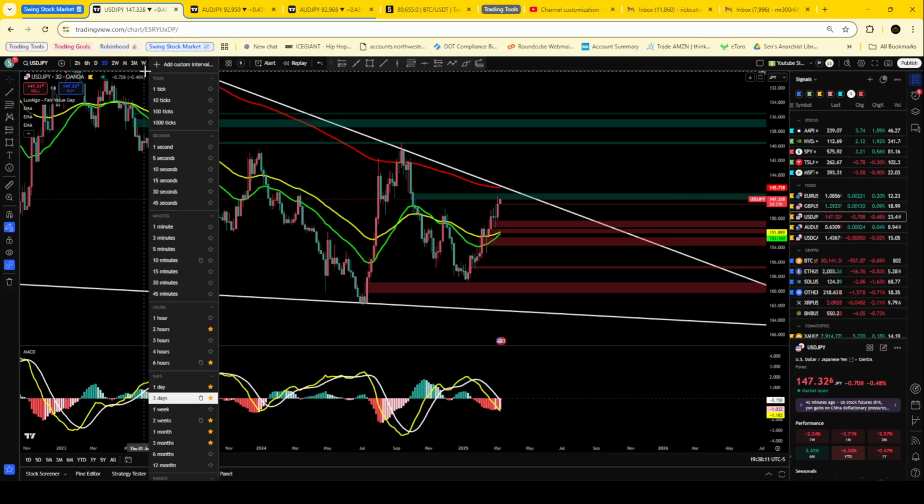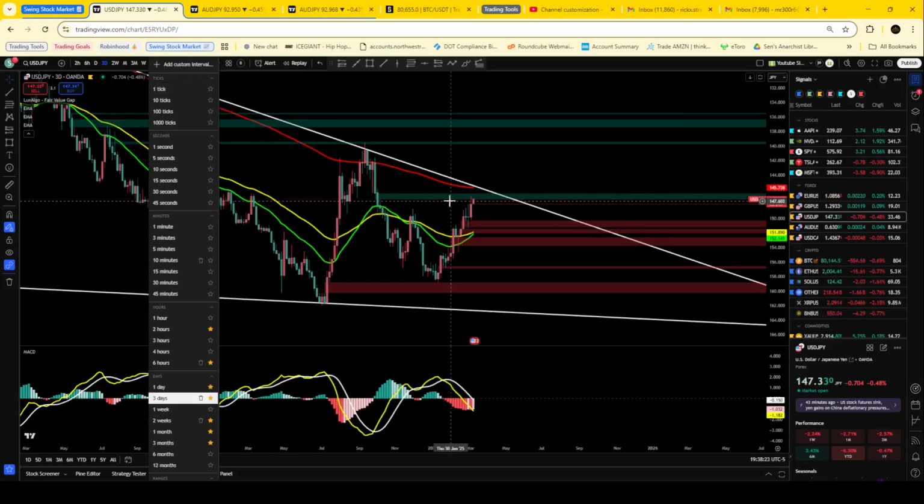I've lost a lot of money, and I don't want you guys to lose a lot of money just because you don't have the patience. The patience will come. When I first started, I was telling myself, I'm gonna be a scalper. I don't have time to wait a day for a new candle.